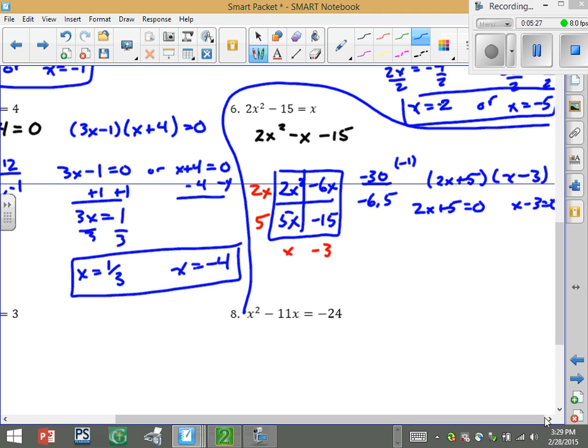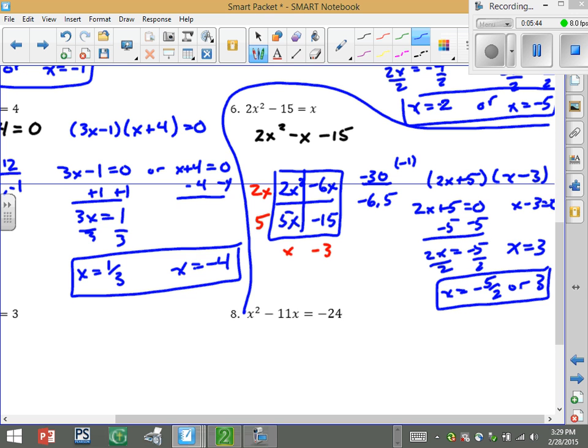Well, that one's pretty easy. x equals 3 on this side. Here, subtract 5, so 2x equals negative 5. Divide both by 2, so x equals negative 5 over 2, or x equals 3.